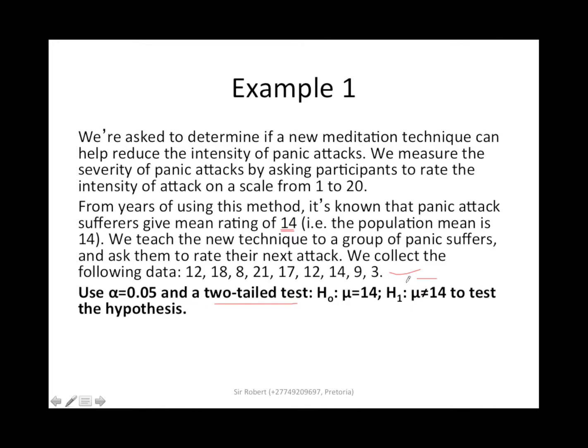The two-tailed test is coming from this one; they have already given a hint for you. So let's solve it. Now we know that this is a one sample t-test. So our t is equal to x-bar minus mu over s.